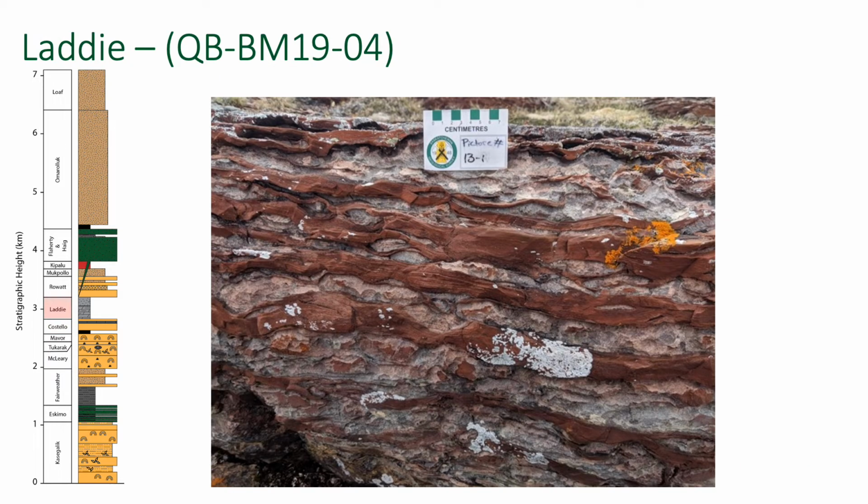All right, and then we have the Laddie Formation. Just like basically every formation in the Belchers, it is split into two members. The lower member is characterized by red dolomicrite and calcite horizons that you can see in the photo, whereas the upper is broken into more tan green mudstones, which, based on where we measured our section through, had weathered out quite a bit, so I have very poor photos of that, and I apologize.